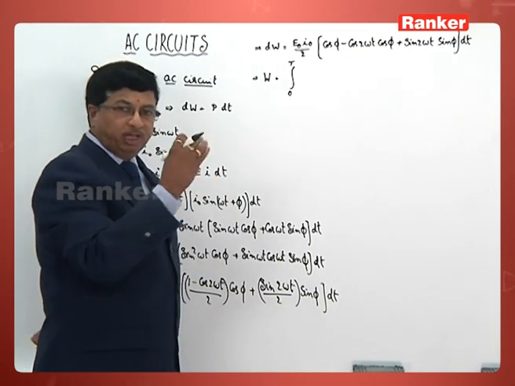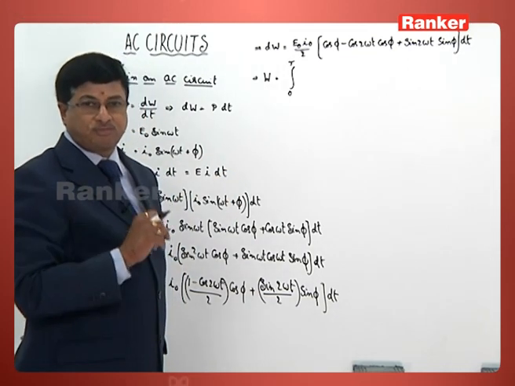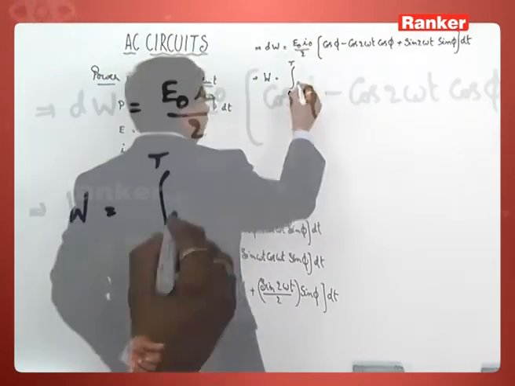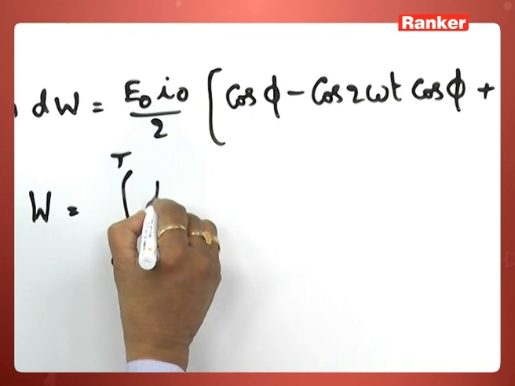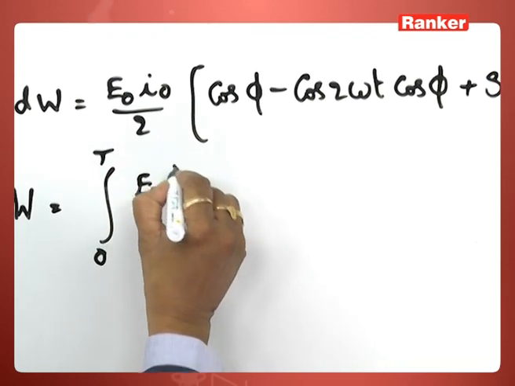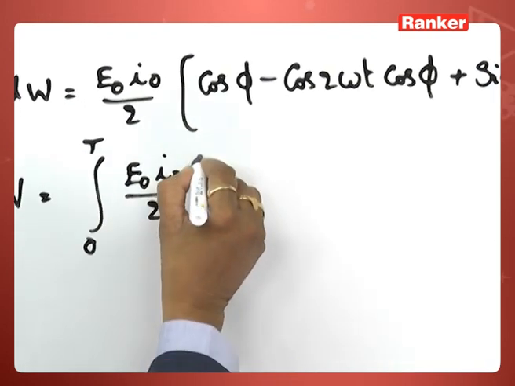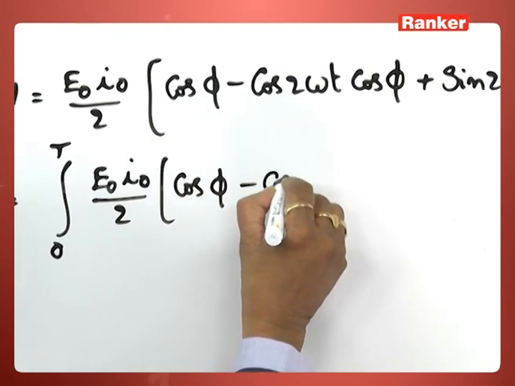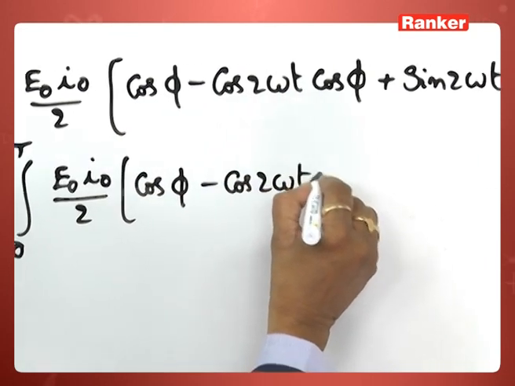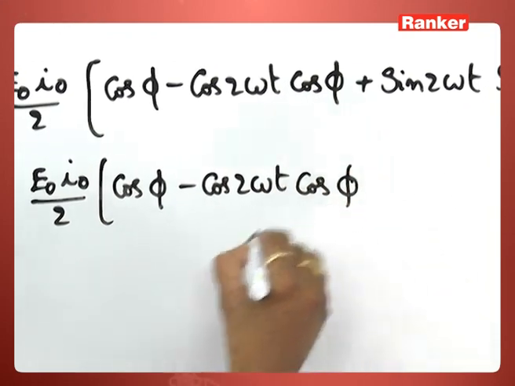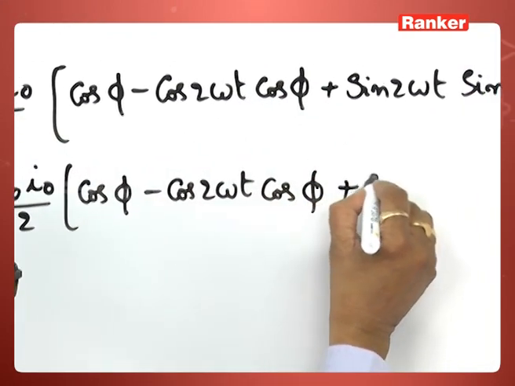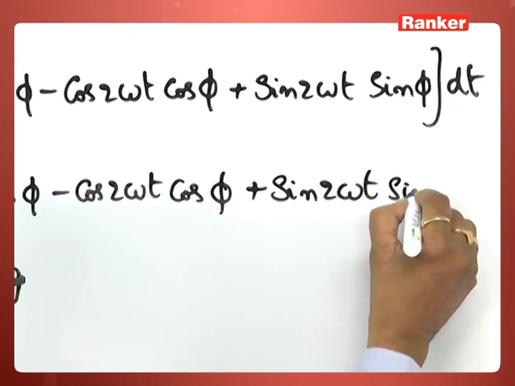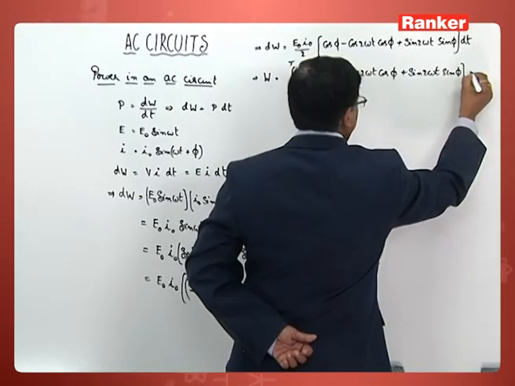So between the limits 0 to T, we just have to integrate this total lot. Integral 0 to T of E naught I naught by 2 into cos phi minus cos 2 omega t cos phi plus sin 2 omega t sin phi dt.